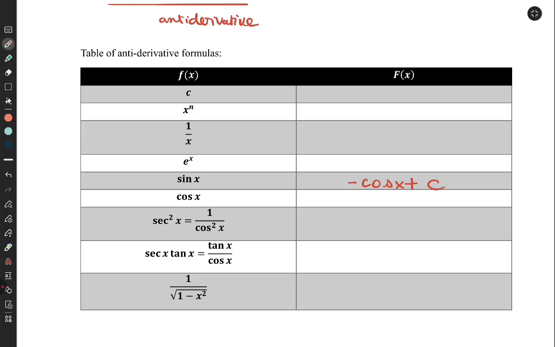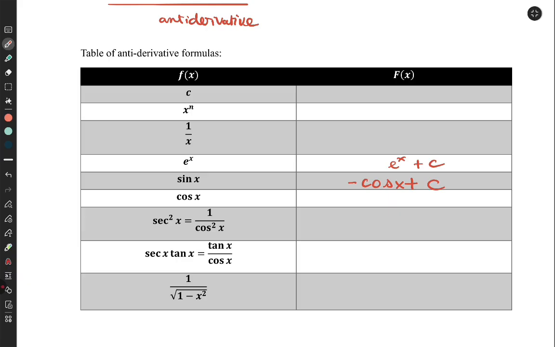Yeah, I agree. C is also easy. Another one. The derivative of e to the x is e to the x, then the antiderivative will be the same, right? So e to the x. Don't forget, plus c.